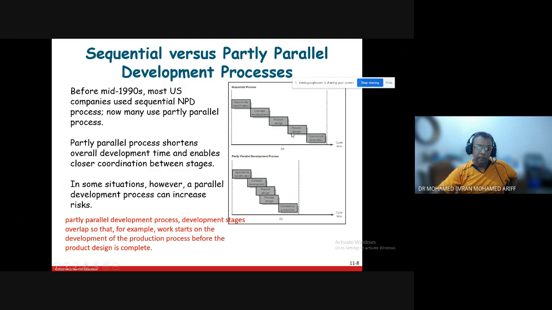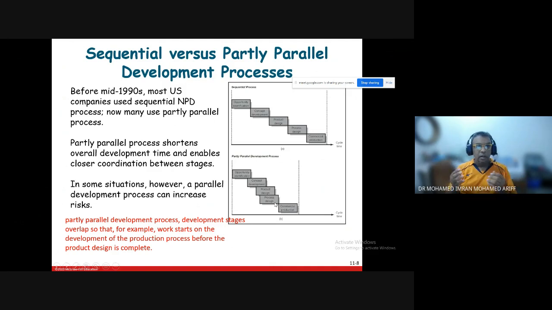Completed and then done. But soon after, they found out, why not we do partly parallel development? Meaning, before this one finishes, they start the new phase. Okay?